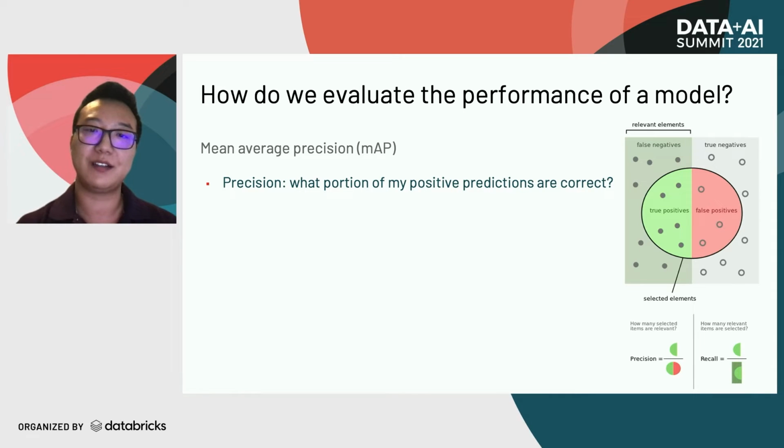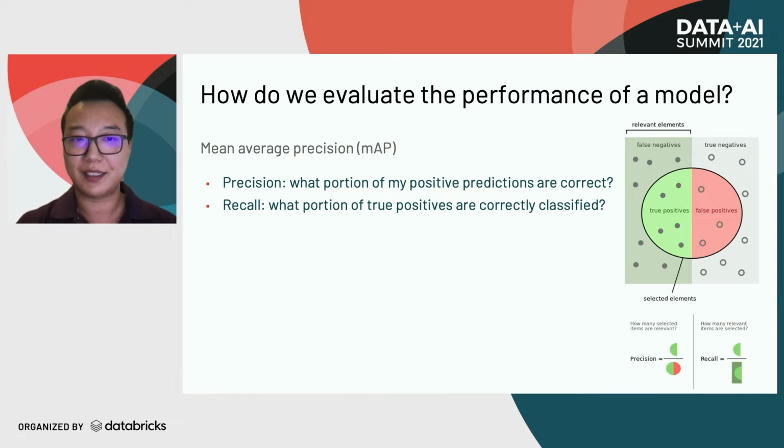So what portion of the positive predictions are actually correct? So how precise is the model when it's making positive predictions? Another metric is recall. So here, recall is trying to capture what portion of the true positives we are actually capturing with the model. So the higher the recall, the more of the actual true positives we are able to detect.